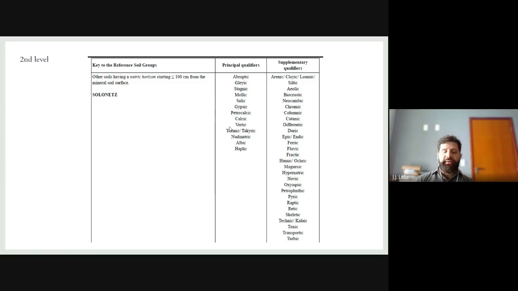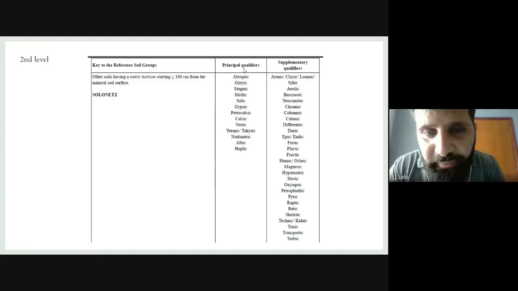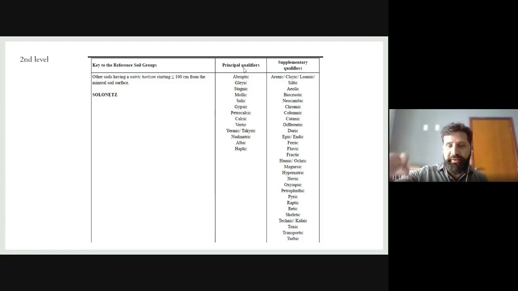Okay. The principal qualifiers are written before the name of the reference soil group. So for example, if I classify a soil as a solonetz, after identifying the reference soil group at the first level, I need to check which principal qualifiers can be identified for this specific soil profile that I described in the field.